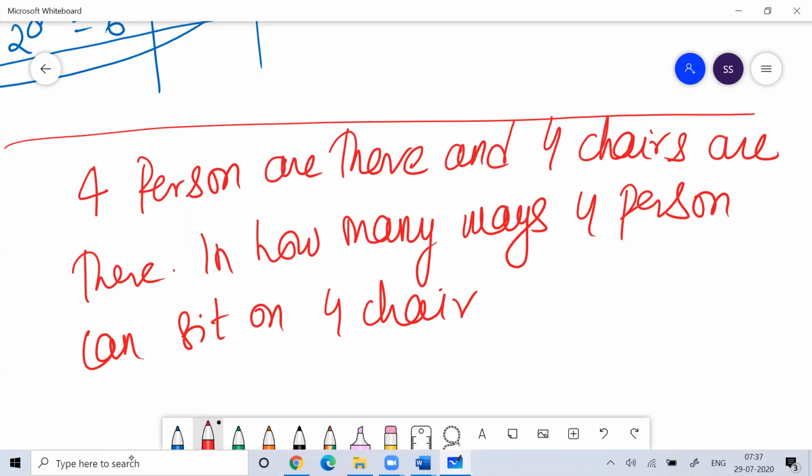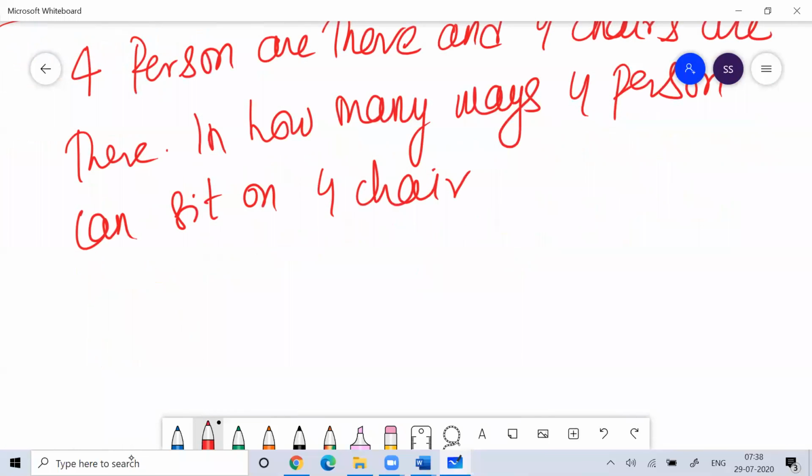So if 4 persons are there and 4 chairs are there, in how many ways can the 4 persons sit on 4 chairs? The point we need to understand here is that when the first person comes to sit, that person can sit in any of the 4 chairs.